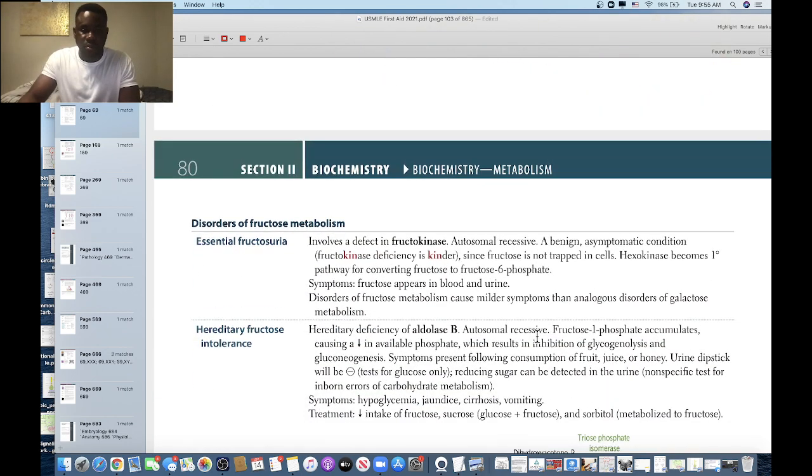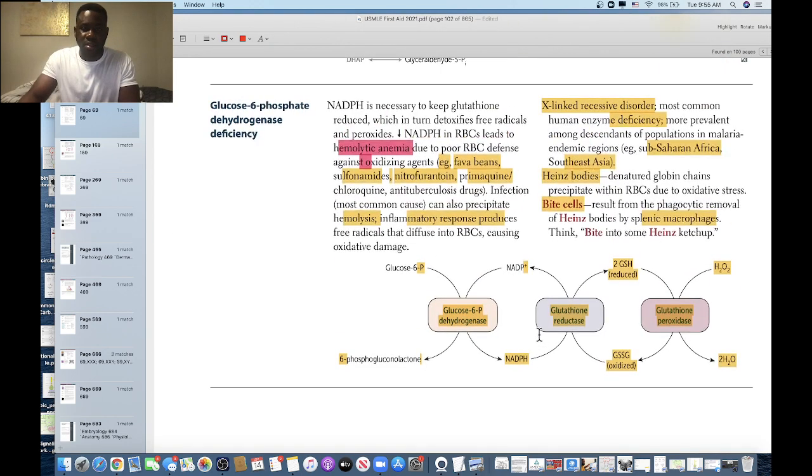Okay. Now, I want to chip in something here that is not written, that I think is important. If we want to know how much oxidative stress a cell is undergoing, that is, how many free radicals are in the cell, we have to measure the ratio of GSSG, the oxidized form, to GSH, the reduced form.